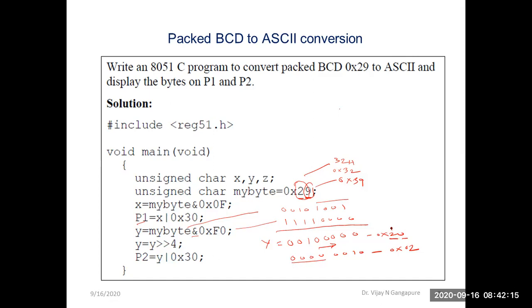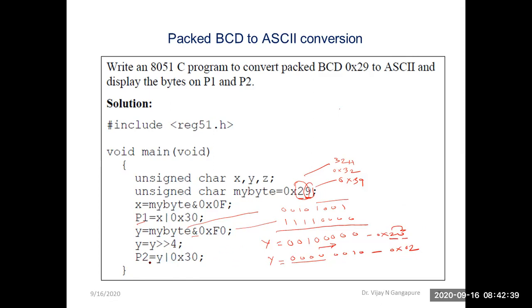I am moving this from the upper nibble to the lower nibble so that I can convert the number 2 to its ASCII code. That value I will have in y, because after shifting right by 4 positions, I am assigning it again to variable y. So what is in y now?